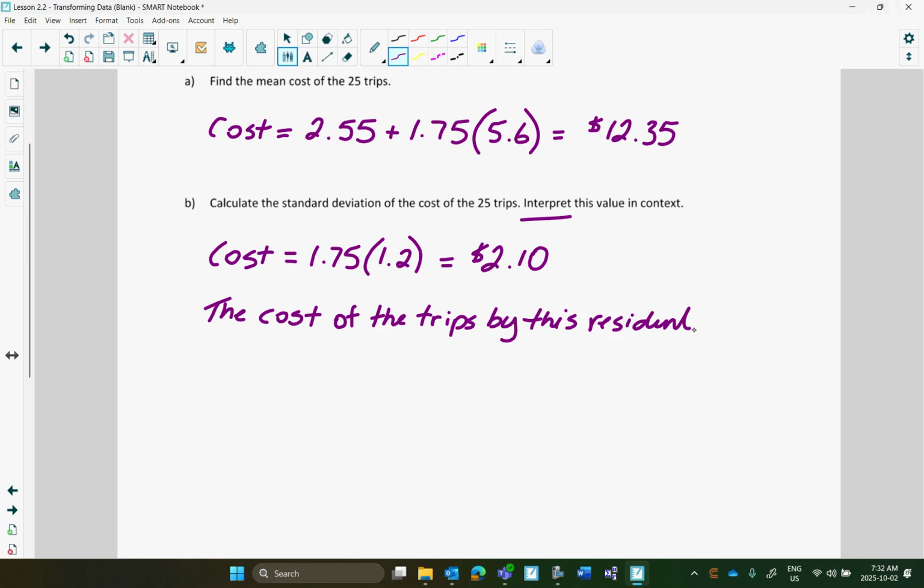When we interpret standard deviations, we use the phrase typically varies from the mean. Typically varies from the mean by the standard deviation amount, $2.10.